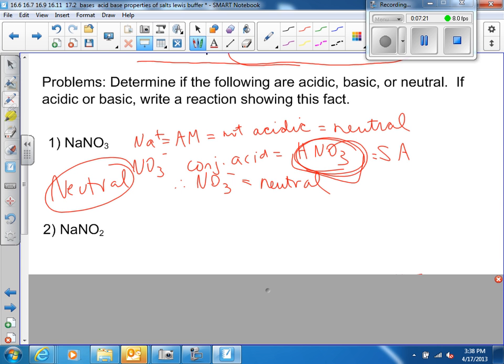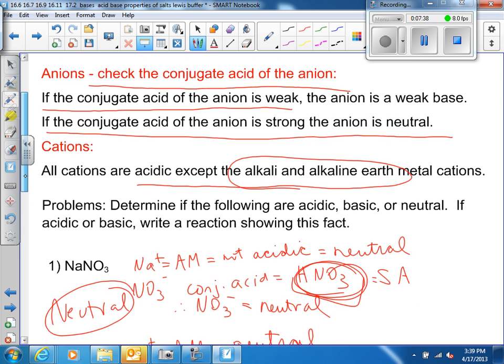Okay, next problem. We have Na+, which is an alkali metal, which is neutral. Cations are always acidic unless they're an alkali or alkaline earth metal. Then we check our nitrite, NO2 minus. Anions, check the conjugate acid.